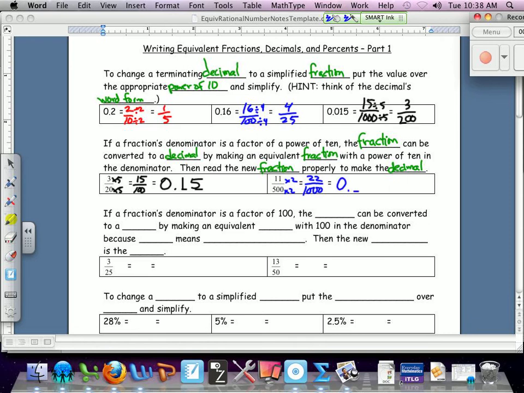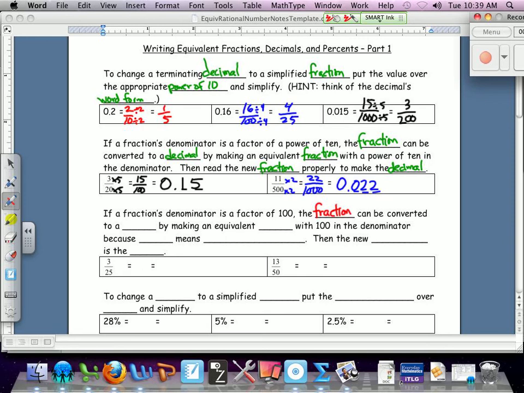Oops, let me use a different color just so that different examples stand out. So times 2, I get 22 over 1,000, or 22 thousandths. So 0. tenths, hundredths, thousandths. I want 0.022, so then I have 22 ending in the thousandths place.